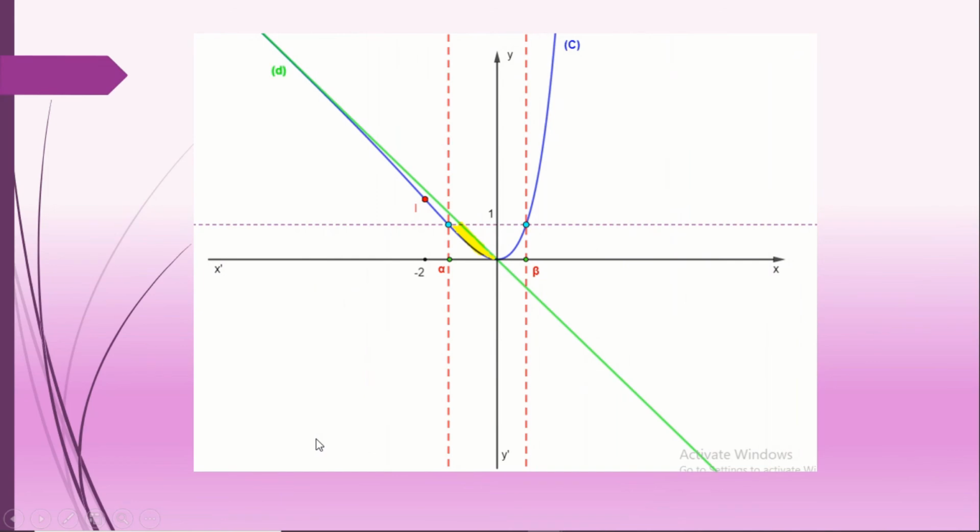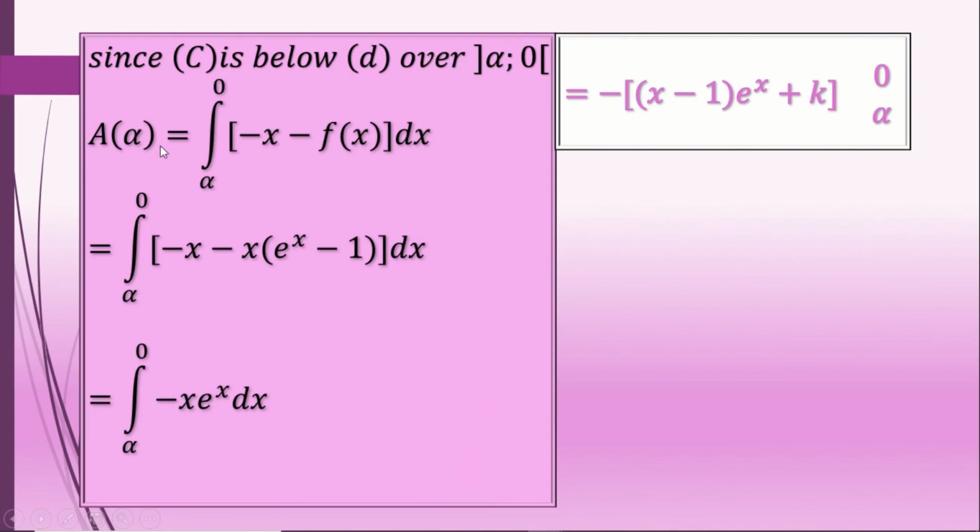Let's start with A. Well, there's something which is very important. Here we can say that this is an integral from alpha to 0, since x varies from alpha towards 0, the limit with the y-axis. The curve C is below the straight line D. Then we can say in this case that the area is the integral from alpha to 0 of minus x, which is the equation of D, minus f of x dx.